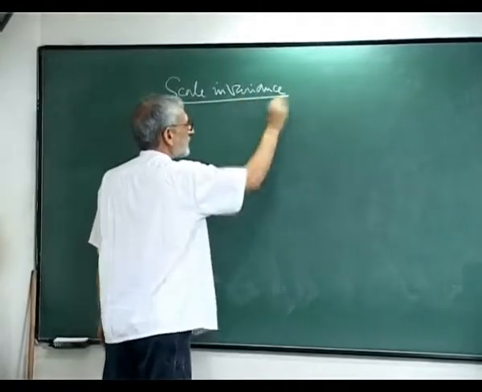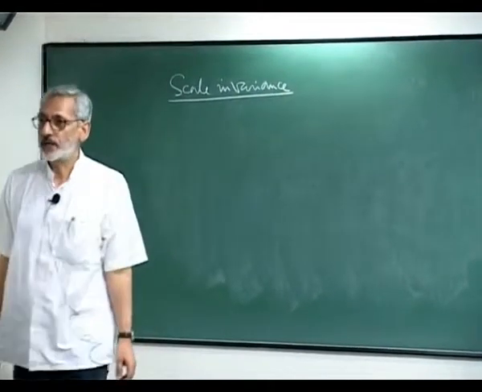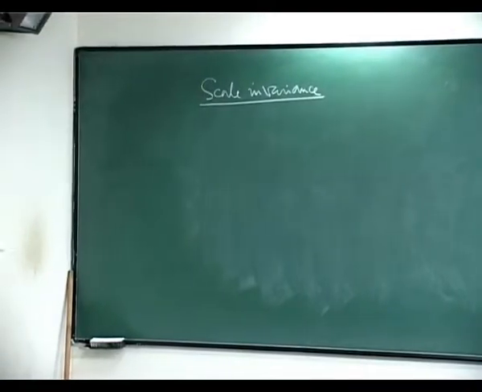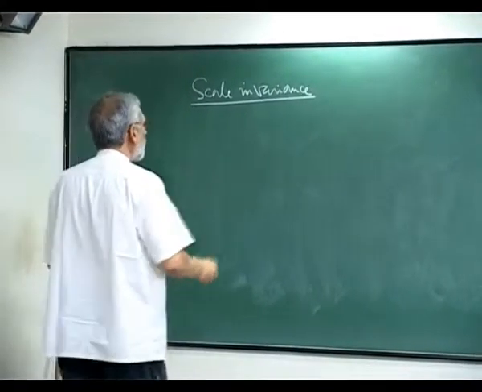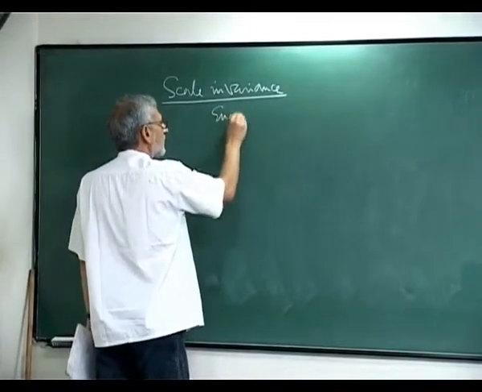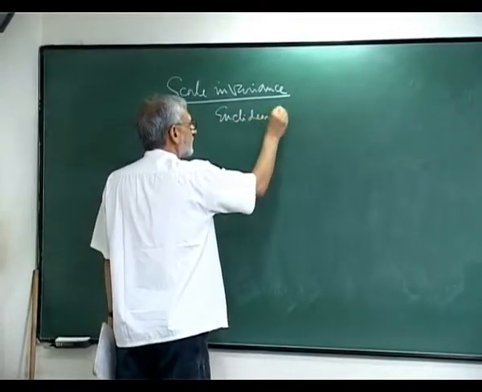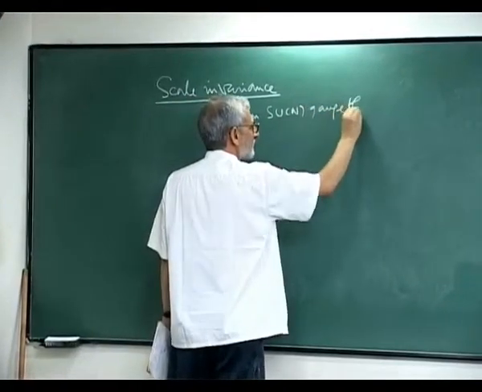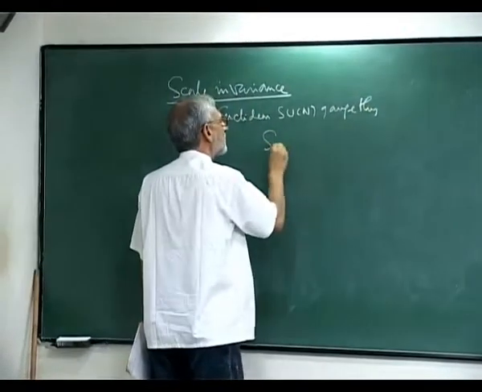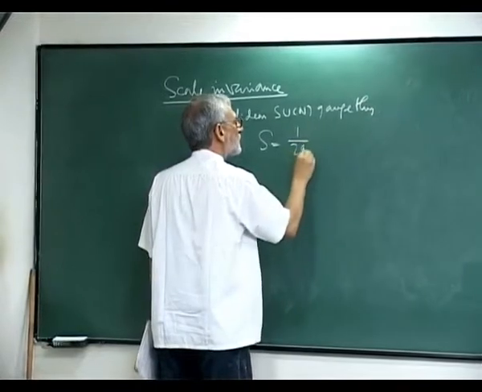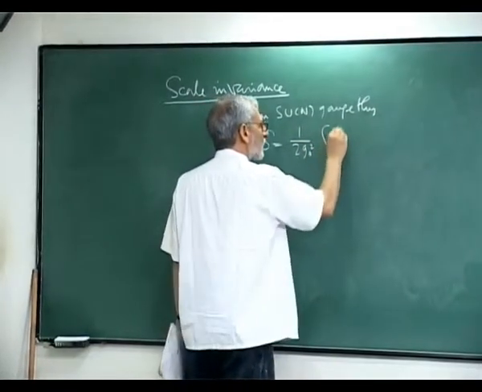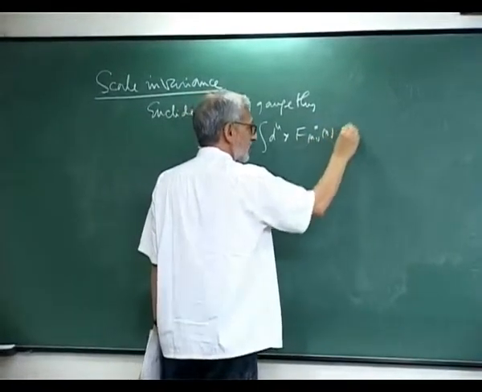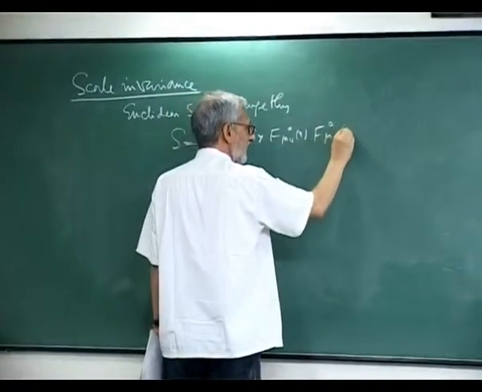What I want to discuss is something called scale invariance. So let me go back to my Euclidean SU(N) gauge theory. The action is given by 1 over 2 g squared, integral d4x F mu nu a of x F mu nu a of x.